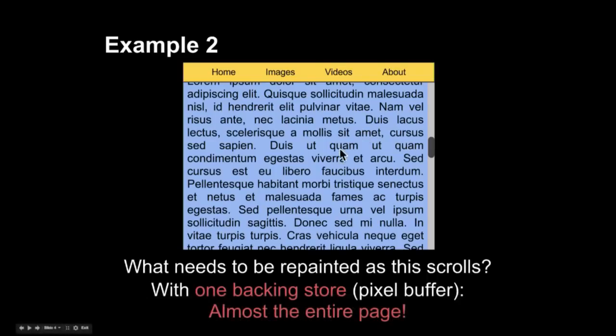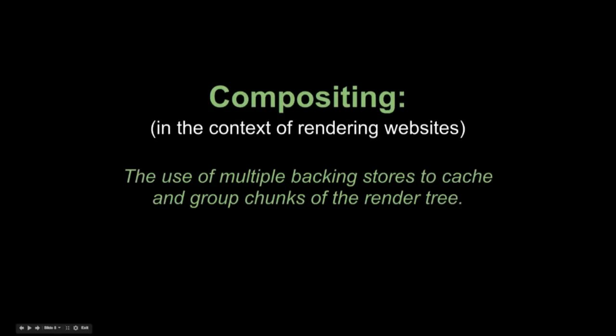In particular, what we would need is not just one backing store, not just one buffer of pixels, but multiple buffers of pixels so that we could store this blue layer in a separate buffer. And then when we need to, we can just copy it over to the final output image in a shifted position. So that's basically what compositing is. It's the use of multiple backing stores to cache and group chunks of the render tree.